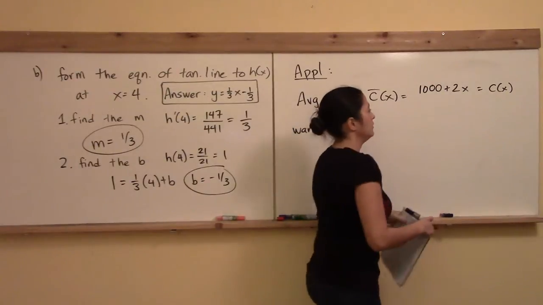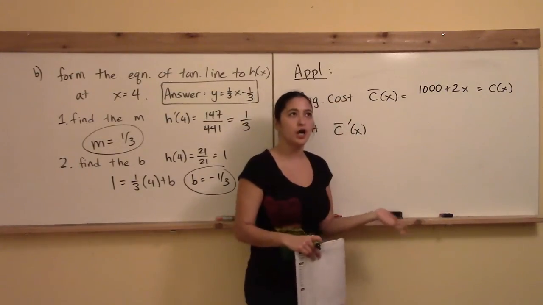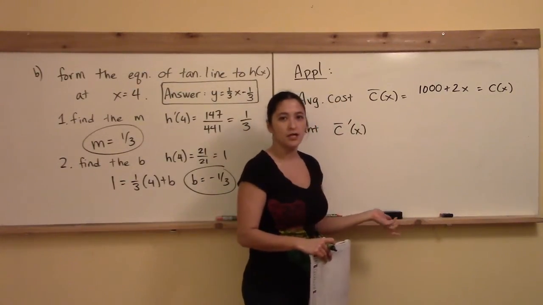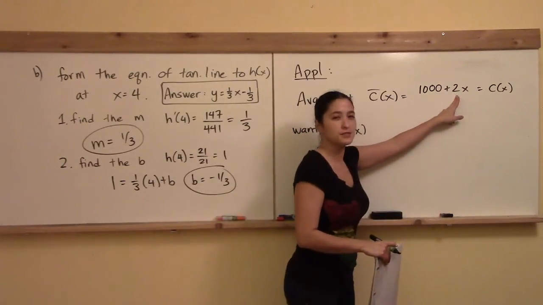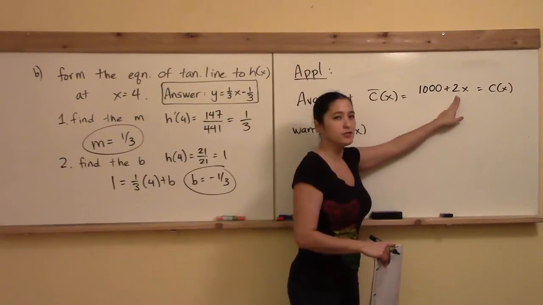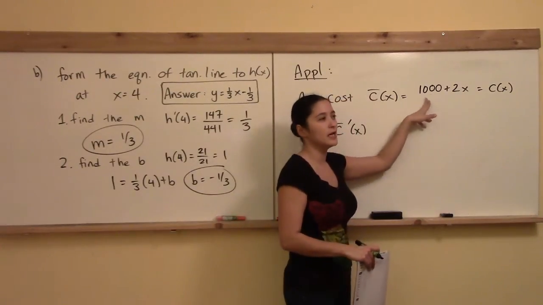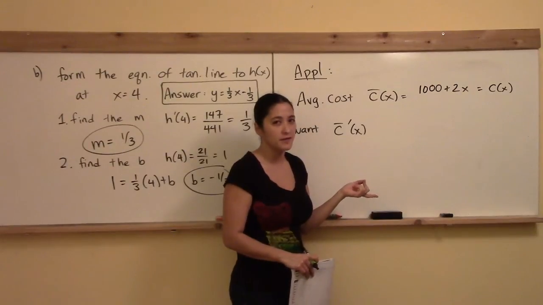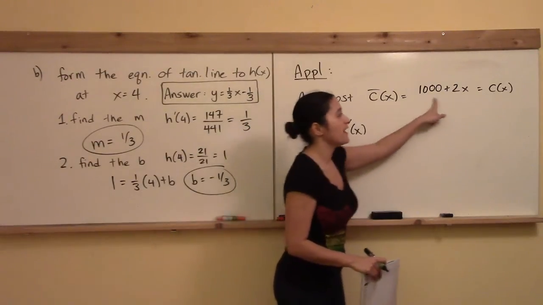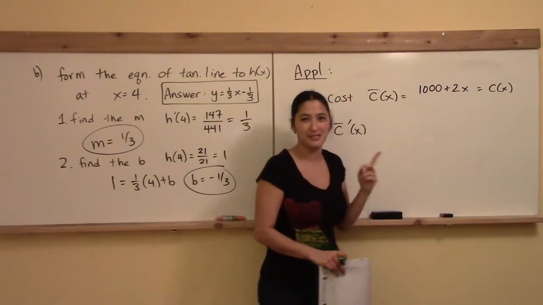Now what's the average cost at a certain production level? It's actually not just 2, even though $2 per item is the variable cost, because the average cost also takes into consideration that if you only made one thing, it didn't just cost you $2 to make that one thing, did it? It cost you $1,002 for just that one thing.